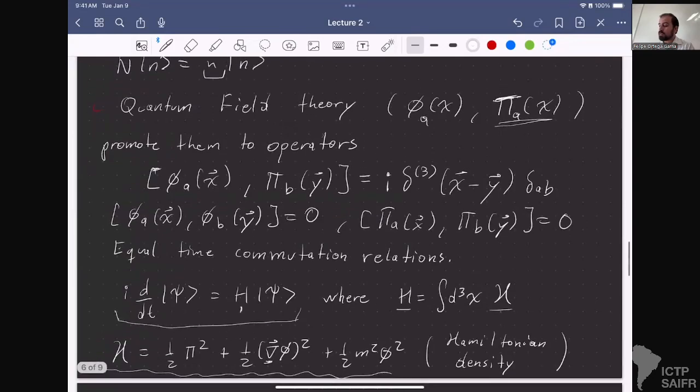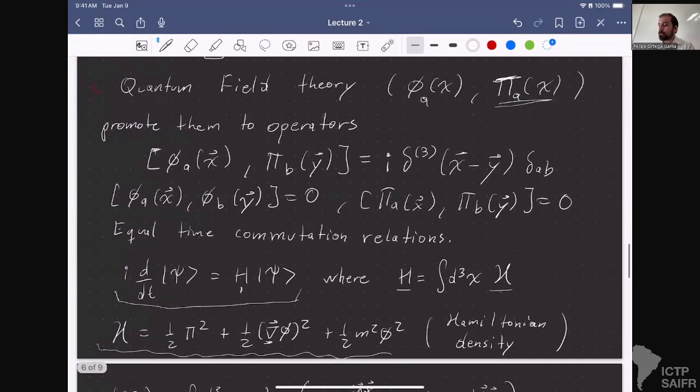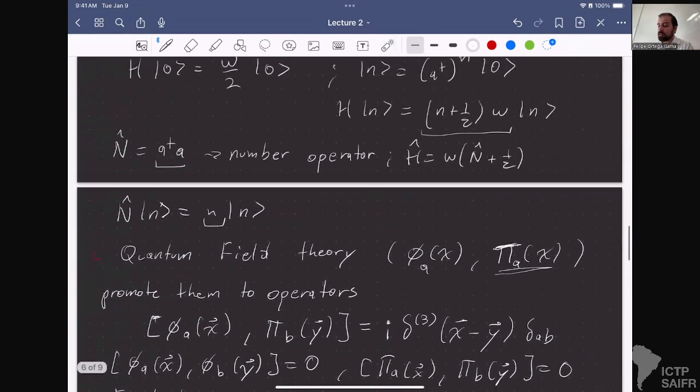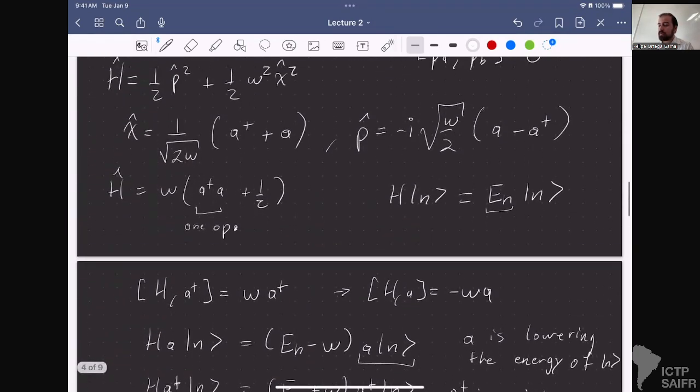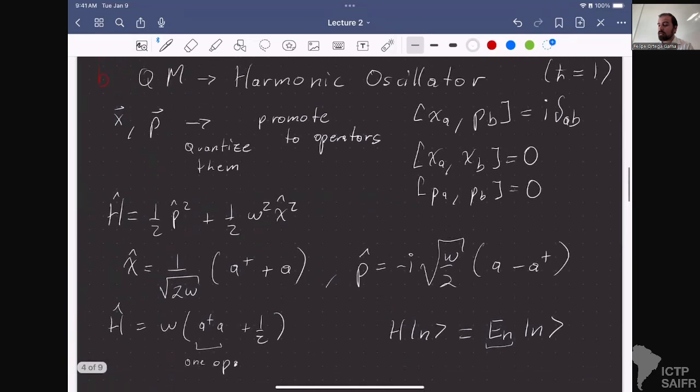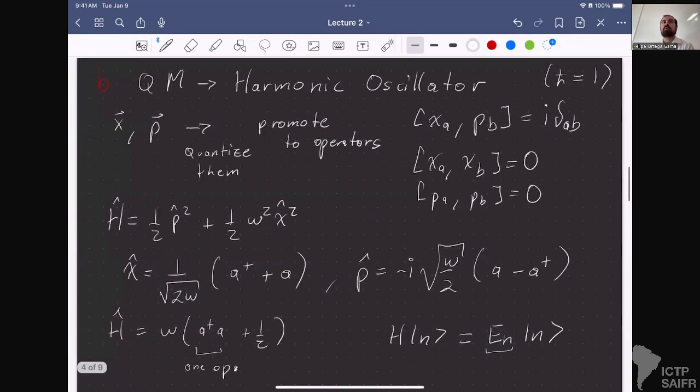Yeah. So this has to do with how we're gonna quantize our theory, right? So let me just step back real quick. In the case of the quantum mechanical simple harmonic oscillator system, you only have a position and a momentum, and then when you promote them to operators, you never assume they have any time dependence.